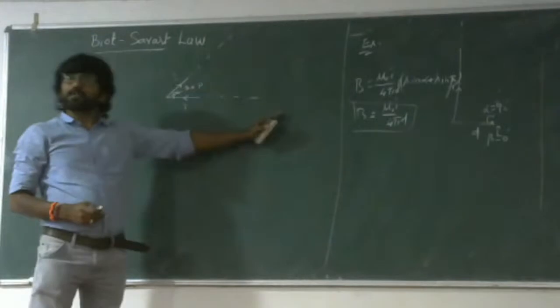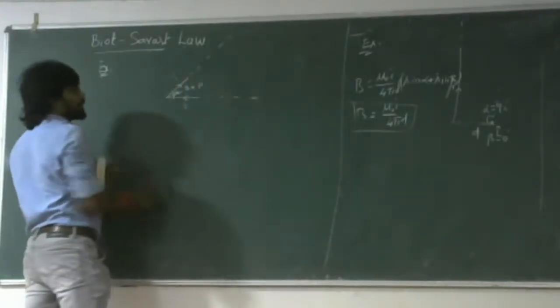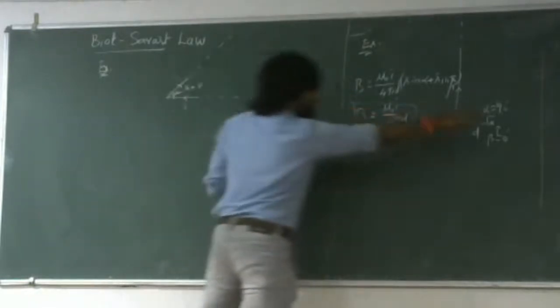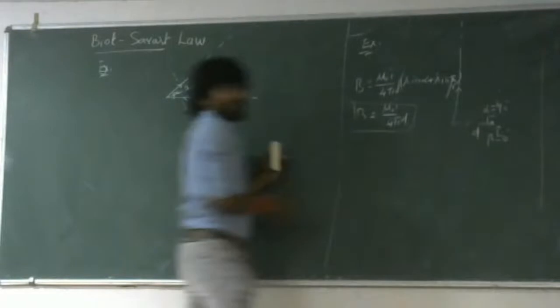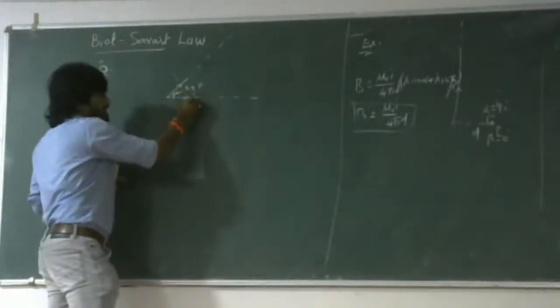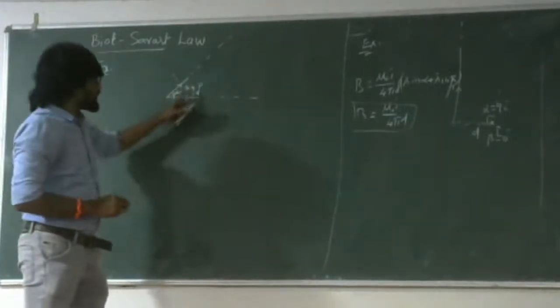Due to each semi-infinite conductor, you have to find the magnetic field here. Just like that, if asked to find the magnetic field at any point, from the point you have to draw a perpendicular line onto the conductor, and that distance we have considered as D in the formula. So what is this D? A is given here.